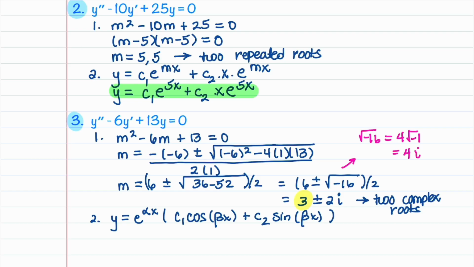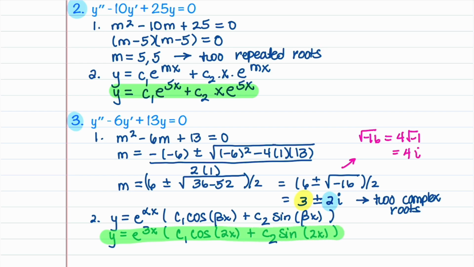Alpha is the real part of our complex number, and then beta is the imaginary part. This gives us y is equal to e to the 3x times c1 cosine 2x plus c2 sine of 2x. And there's our solution.